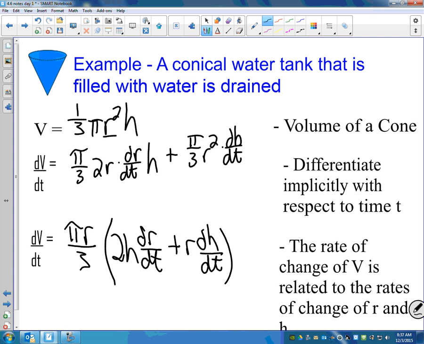And what we can say is that the rate of the volume is related to the rates of both the radius and the height. So whenever they say rate, you've got to know that means derivative.